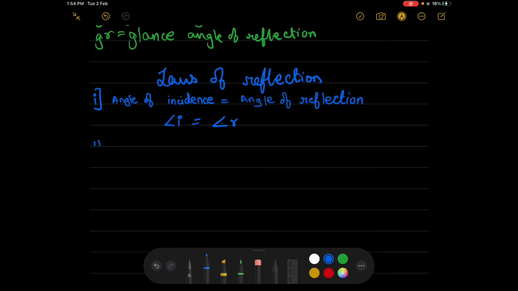Okay, the second thing, and that is the incident ray, reflected ray, normal, at the point of incidence. Sorry, not and the point, at the point of incidence. Okay, means like the incident ray is striking the surface, from there only the reflected ray is arising, from there only the normal is also arising.